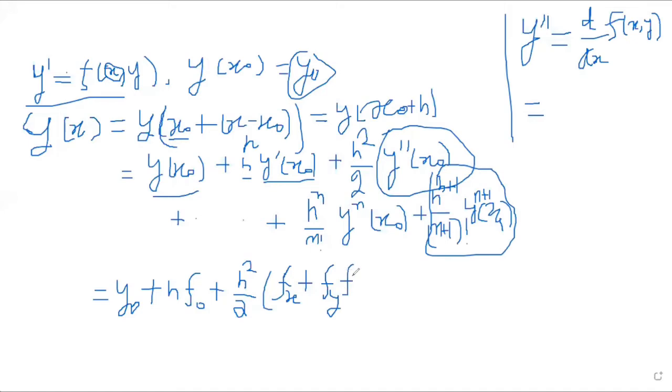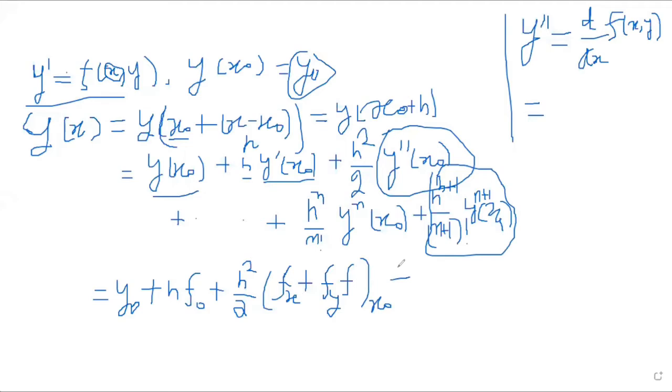This thing is clear. So yes, we are getting this at x naught. Am I right? At x naught. So f is known. If f is known, its partial derivatives we can calculate. So it means that the third term is also known.